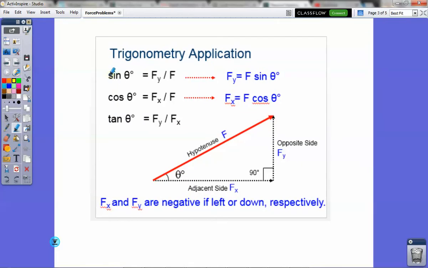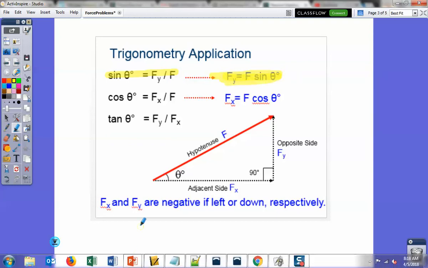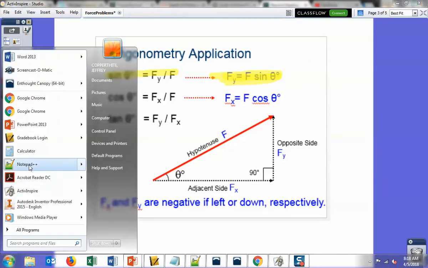The sine of this angle is equal to F sub y over F. Because I have the value of F, I can solve for F sub y by multiplying both sides by F. That means F sub y is equal to the force itself times the sine of the angle.